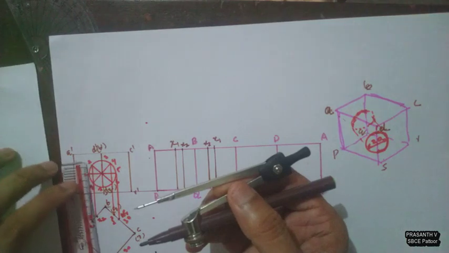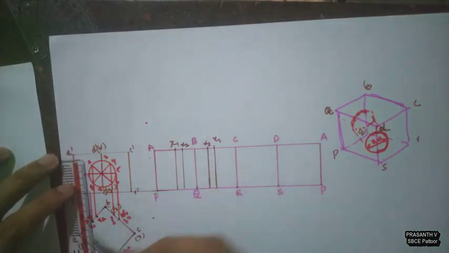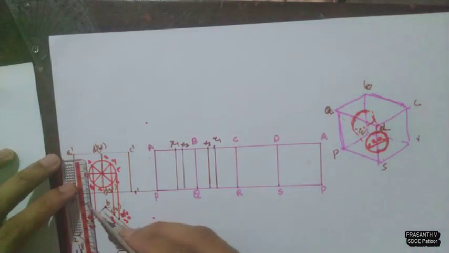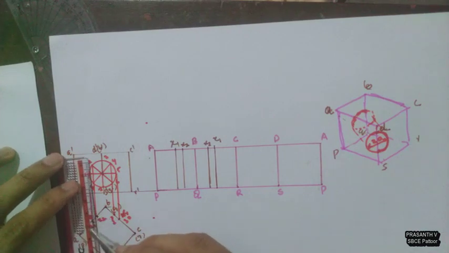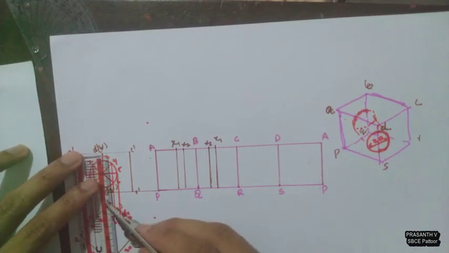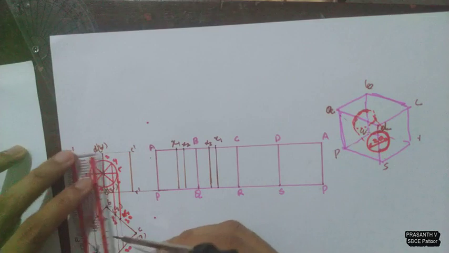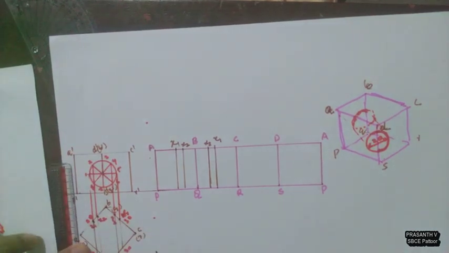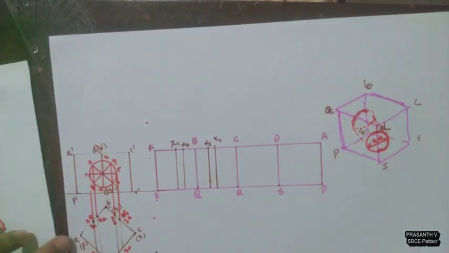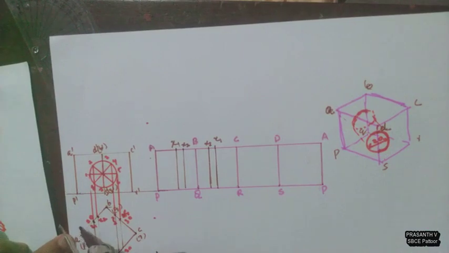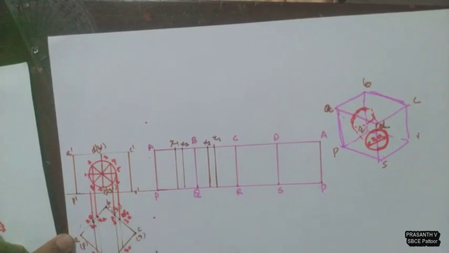Here, if we extend these points, you see, we will get another x1 x2 point here also, so that we will have a circular portion here and here. These two sides there will be circular portions. We have to represent that also.